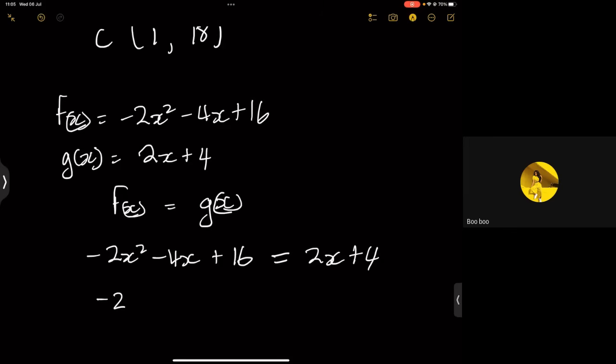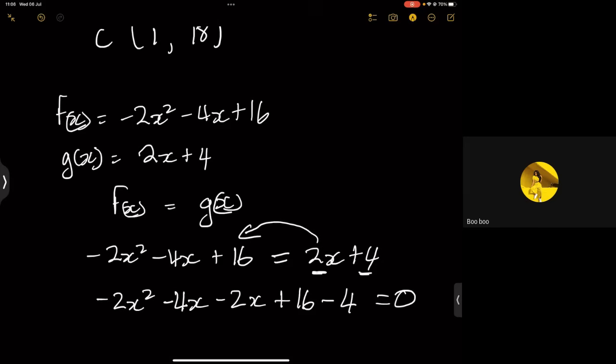We've got minus 2x squared. If I take this to the other side, it becomes minus 2x. So you'd have 4x minus 2x. Then plus 16. If I take this to the other side, minus 4. And this would be equal to 0, right?